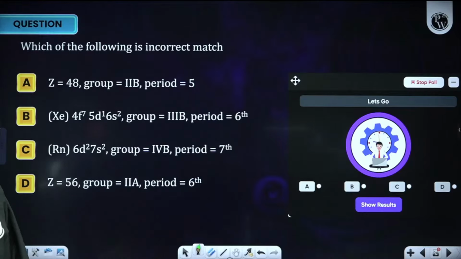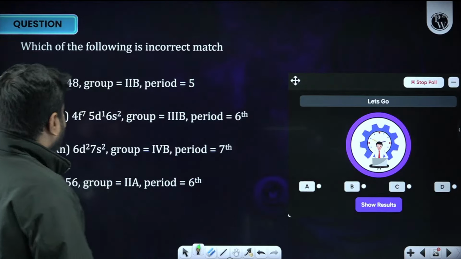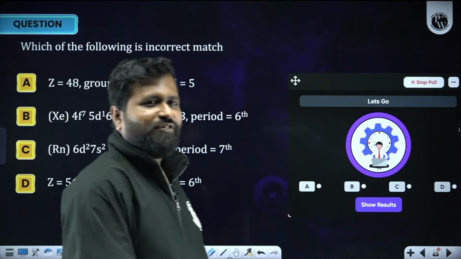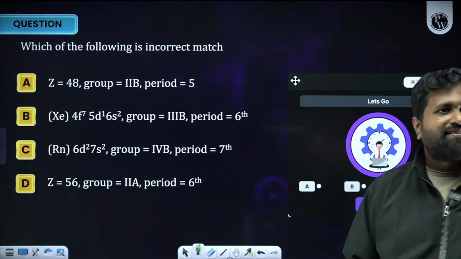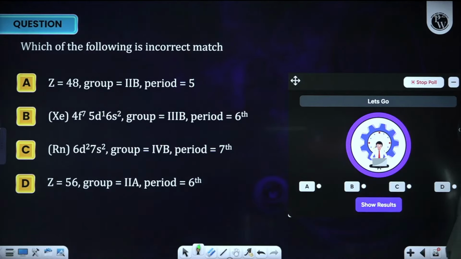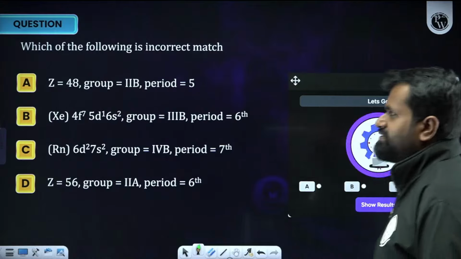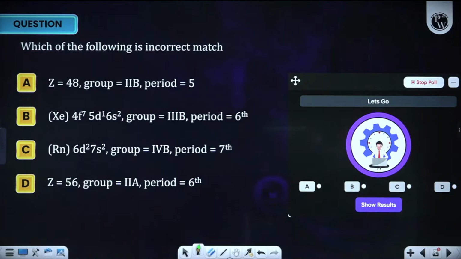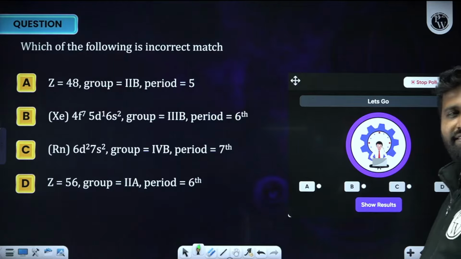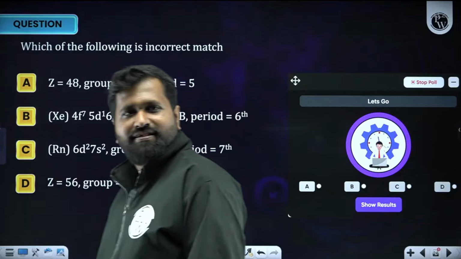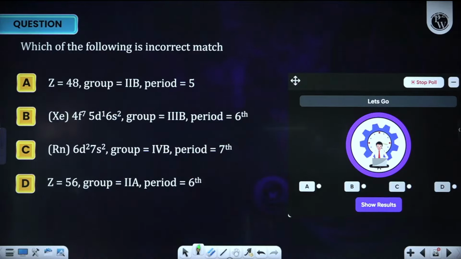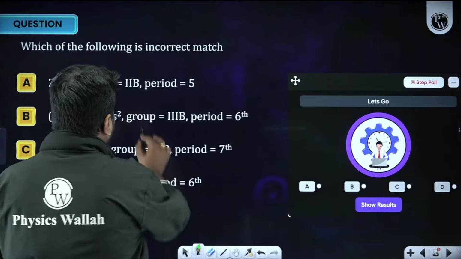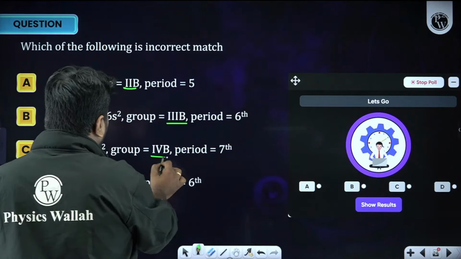What happened? Feeling this question very tough? Why? How many of you are feeling this question as very tough? Okay, according to Raj Hemant, B. Why is B incorrect? Group 2B, 3B, 4B.